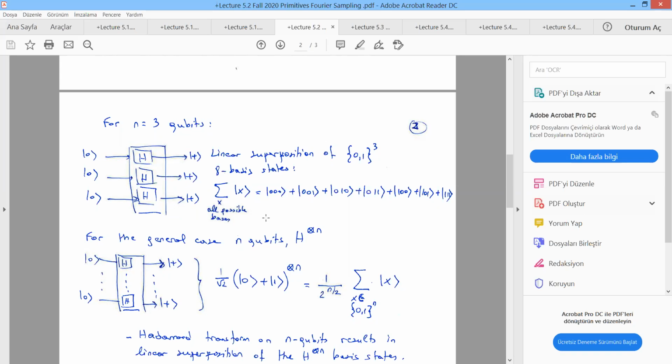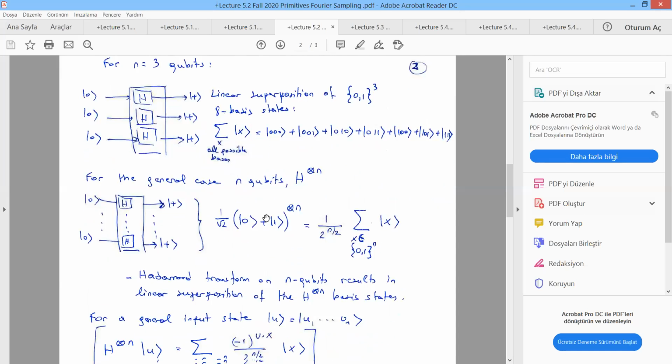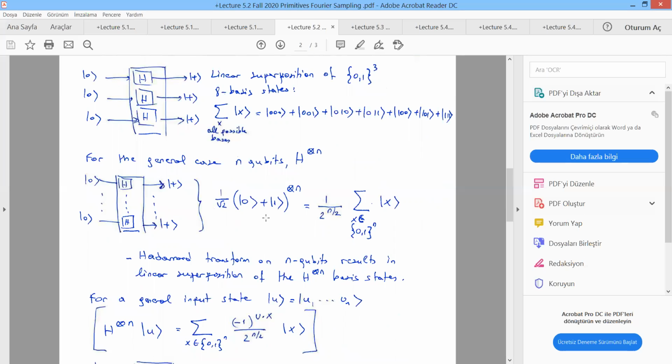in the equation. So in general, for the n-qubit case, we can easily extrapolate this. In the input, we have n qubits of |0>, and we applied Hadamard tensored n times. In other words, Hadamard to each one of them.